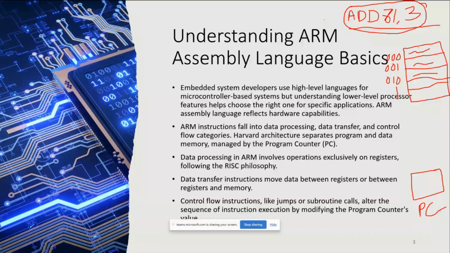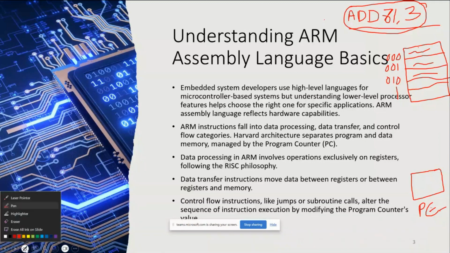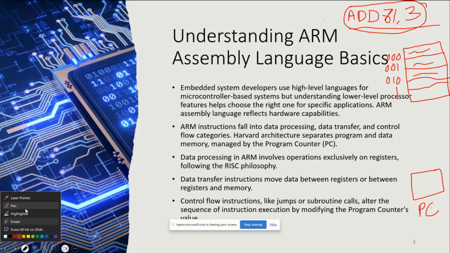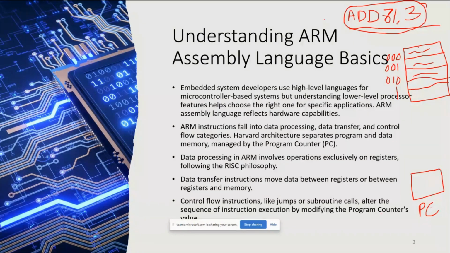Here this program memory is big because it contains so many instructions, but the registers are small. Registers are small means they have a small memory, and they are very fast. Fast means storing and retrieving the data from it is fast. It means the processor can store and retrieve the data very fast, consuming less time.